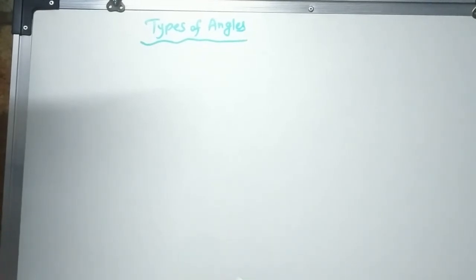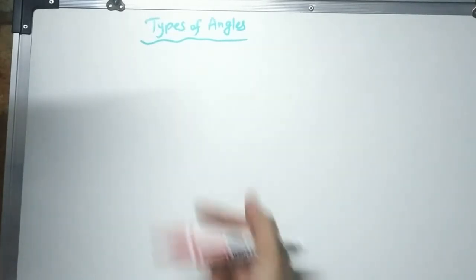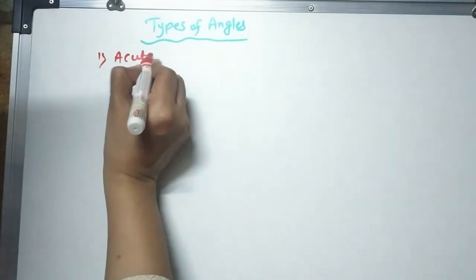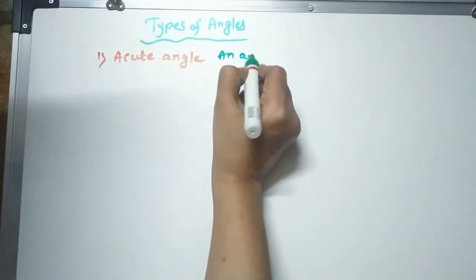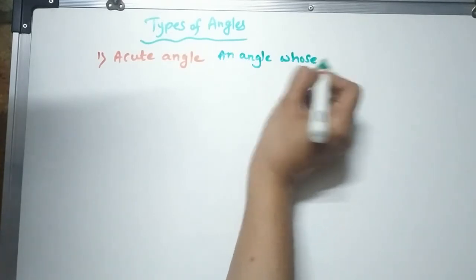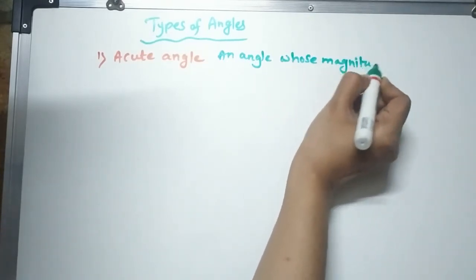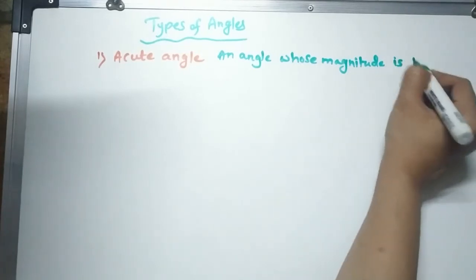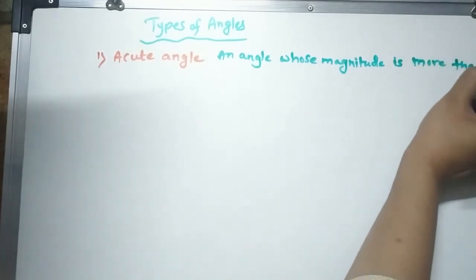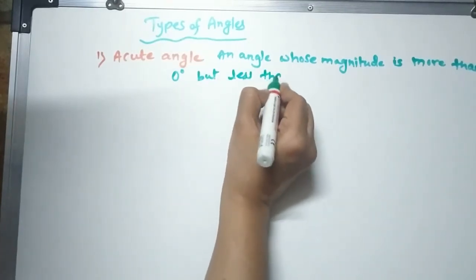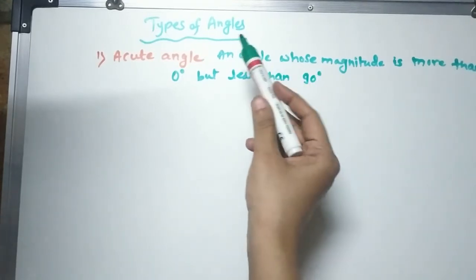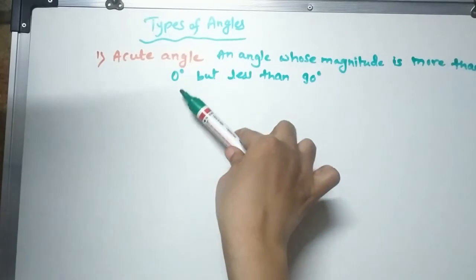So friends, now we'll see types of angle. As you know, depending upon the magnitude or the measurement of angle, we have three types. First of all is the acute angle. So friends, an acute angle is an angle whose magnitude is more than 0 degree but less than 90 degree.